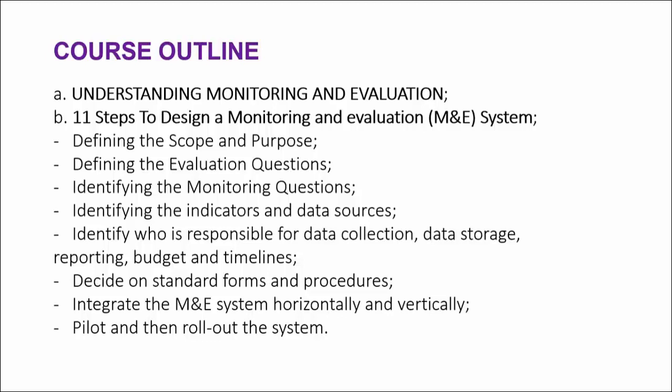Then we're going to look at the 11 steps to developing, designing and implementing an M&E system. I've already listed those steps. Even if you go to the internet right now, you'll see these steps. But in this course, we're going to dig deep and understand what these steps mean, and what we do when we reach each stage.